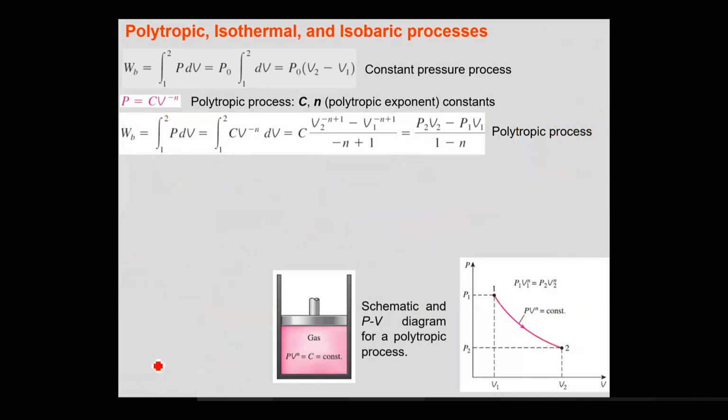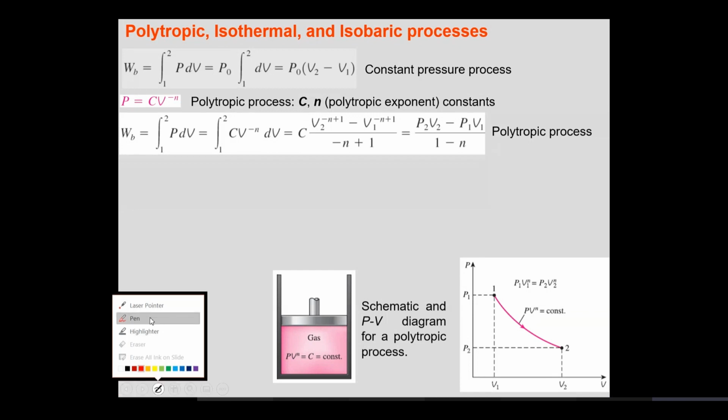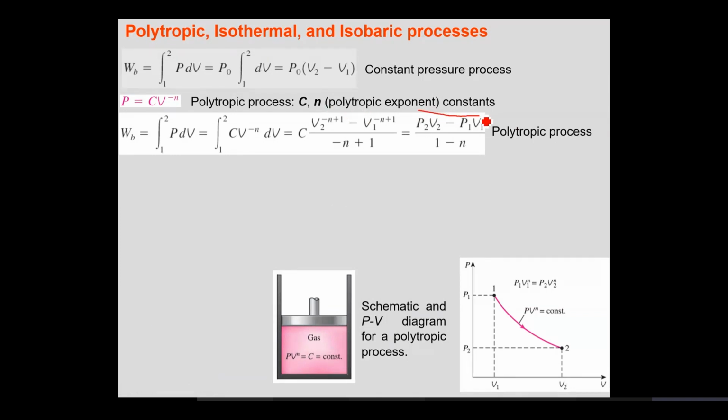All right. So the boundary work for a polytropic process is basically this expression, which is dependent upon the value of n. Now I say that the fluid which is going through the polytropic process is also an ideal gas.